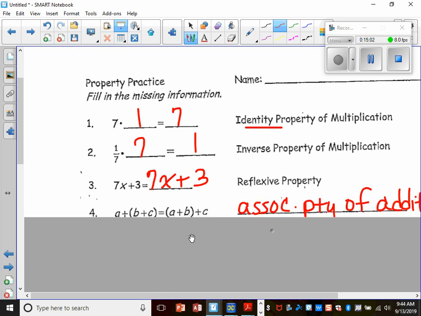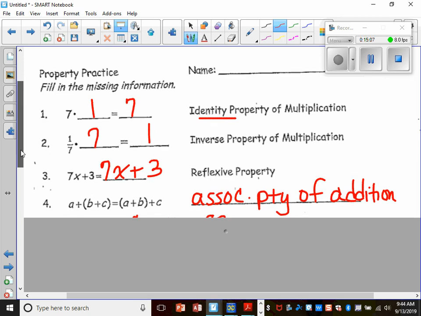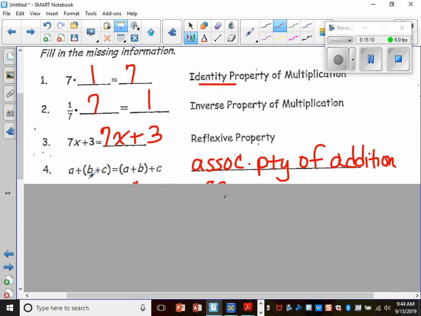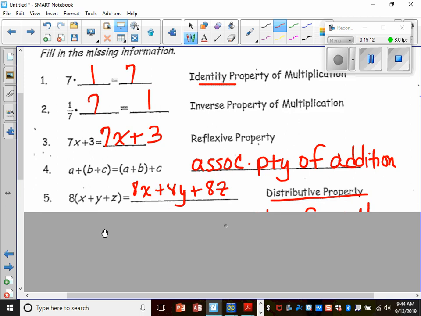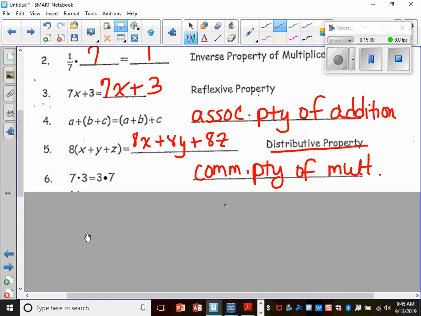Next one, this is the associative property of addition. And remember we said we have to say which operation. The distributive property we use all the time. You will continue to use it all the time. You're just taking the outside term, multiplying it by each term in the parentheses. Pretty much just changing the order of numbers you multiply. Something you've seen before.